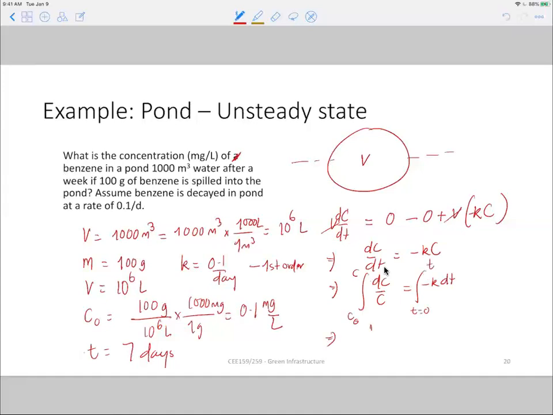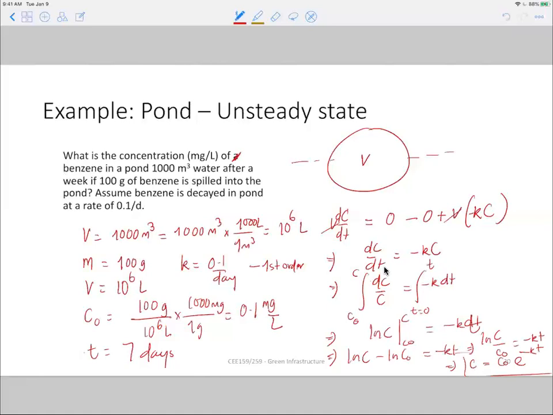You solve that, integration of dC over C is ln C, and the integral of dt is just t. So that would be ln C minus ln C0 is minus kt. Ln C over C0 is minus kt. C equals C0 times e to the power minus kt. So that's the equation.